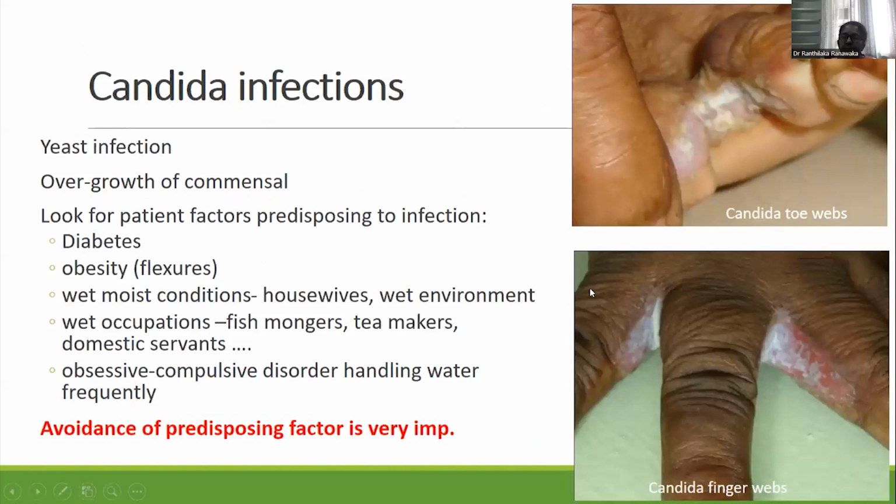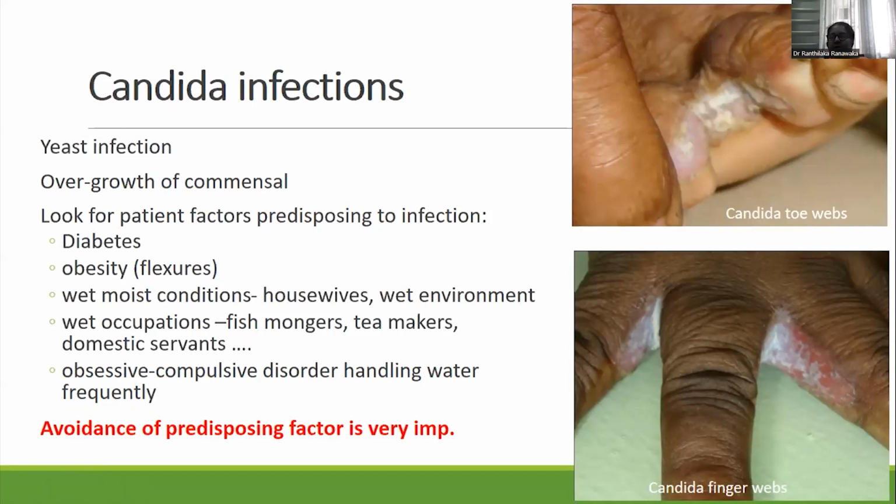Candida infection is a yeast infection. Again, Candida is a commensal in our body, so it is not an infection coming from outside. It is an overgrowth of commensals. So we have to look for patient factors, not the fungal factors, the organism factors, patient factors.